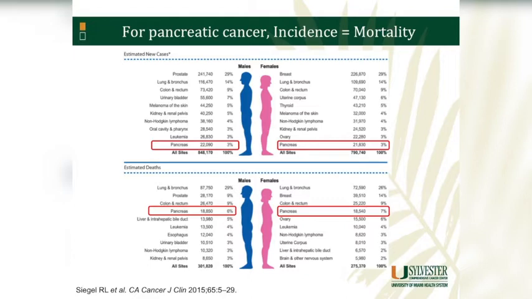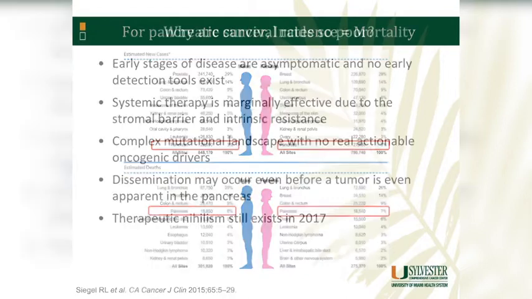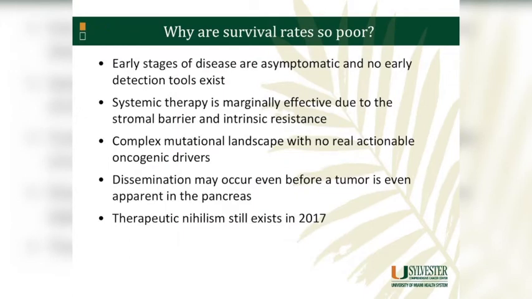Well, we all know that we do not have any early detection tools yet. Systemic therapy up to this point has been marginally effective due to intrinsic resistance, and more recently we've known about the stromal barrier to penetration of chemotherapy. There's a complex mutational landscape.